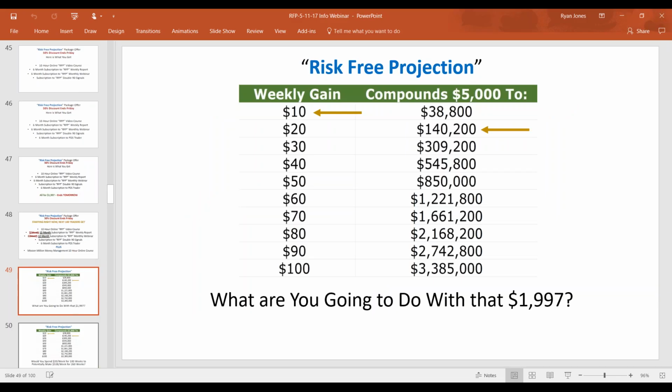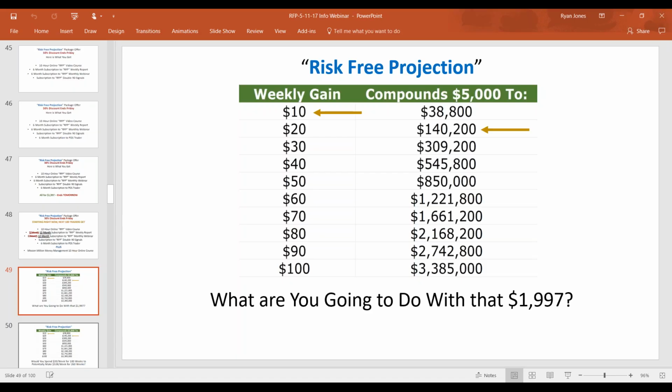All right, so that's what you get. Now let's talk about the risk-free projection and some of the importance with regard to the value of this program. As you'll recall, if you can generate $10 a week right now, without doing anything else, and then you go through this course and I can help you increase that by just $10 a week, the course is worth $100,000 to you.